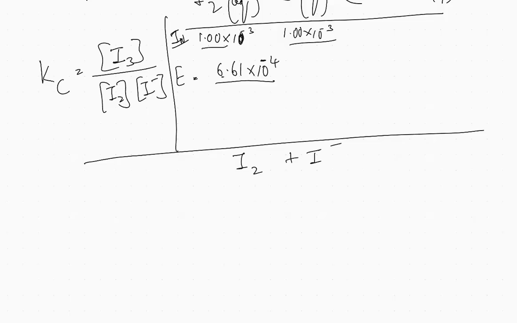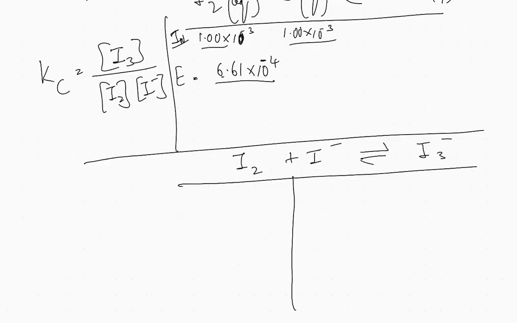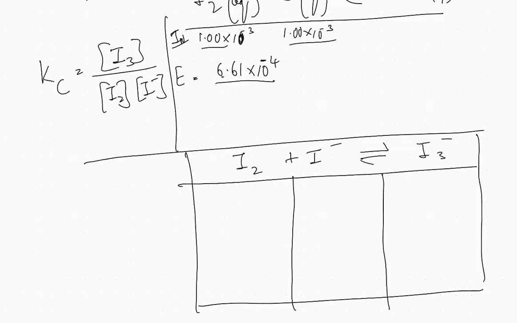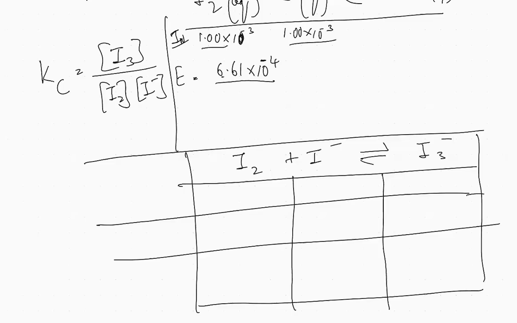If there's a necessity to balance it, you write the initial concentration, the change, then the equilibrium concentration. ICE they call it.